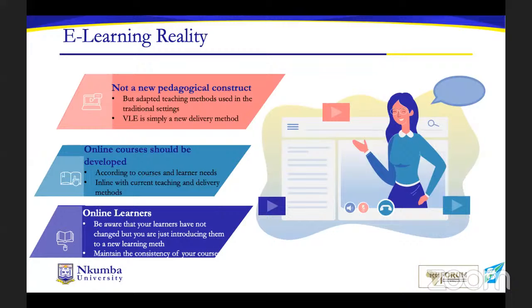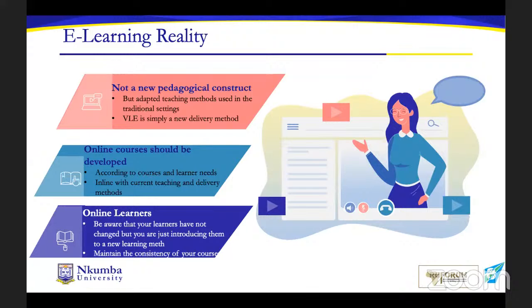So online courses should take into consideration the learner needs, and then the available teaching and delivery methods, because there are a variety out there. So as you develop your course unit, you need to think about all these.